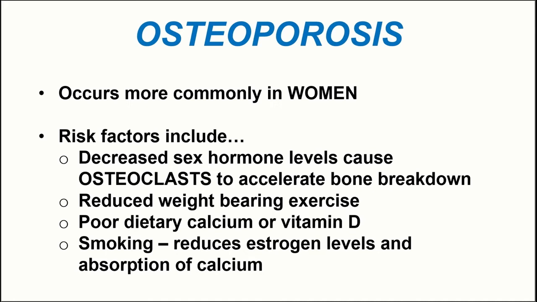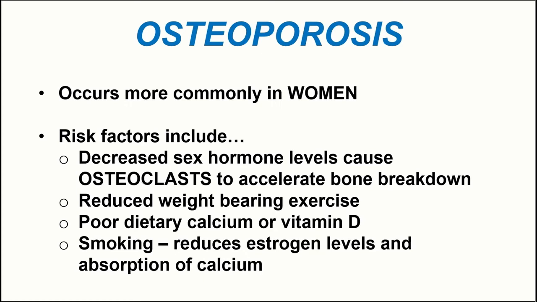So a number of risk factors can contribute to osteoporosis. One of those risk factors is decreased sex hormone levels, particularly estrogens in premenopausal women. So in premenopausal stages, you'll get drops in circulating estrogen levels, and these lower levels of sex hormones will actually cause the osteoclasts, the bone breakdown cells, to accelerate their work.